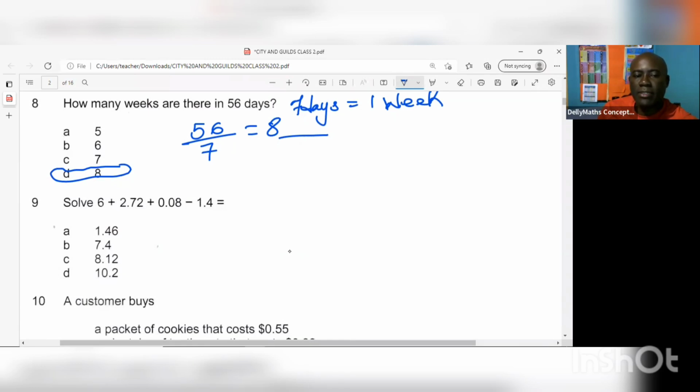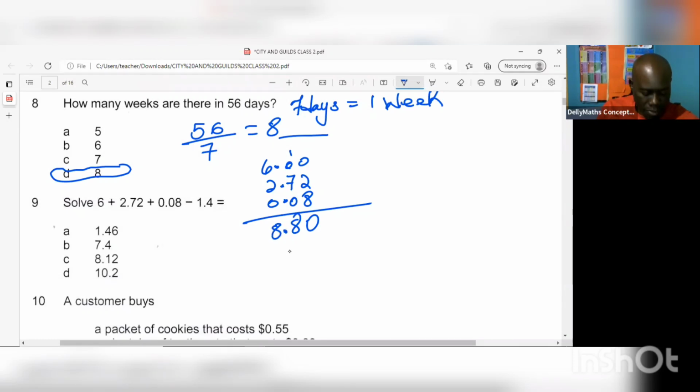So basically we have 6 plus 7.2 plus 0.8, then we minus 1.4. It's our responsibility to add these up. So basically, you want to put the things at the right places. You could put zeros to fill out the empty spots. 0, carry 1, this is an 8, and this is an 8.